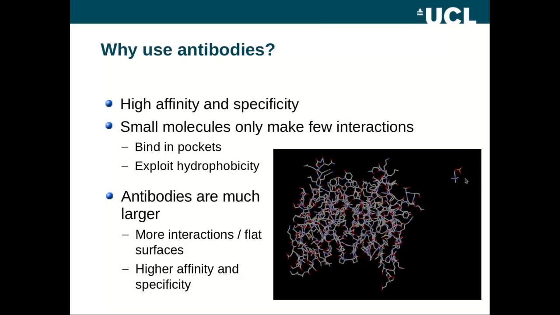I think this is phosphocholine, but it's around the same size as a fairly small molecule drug. So you can see in terms of the binding area that an antibody has, which is around the top here, compared with that small molecule, the difference is really quite huge.